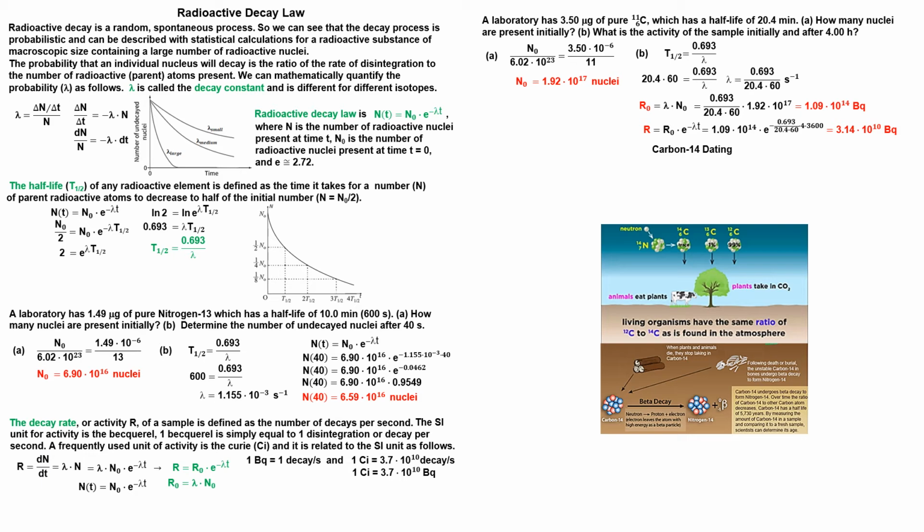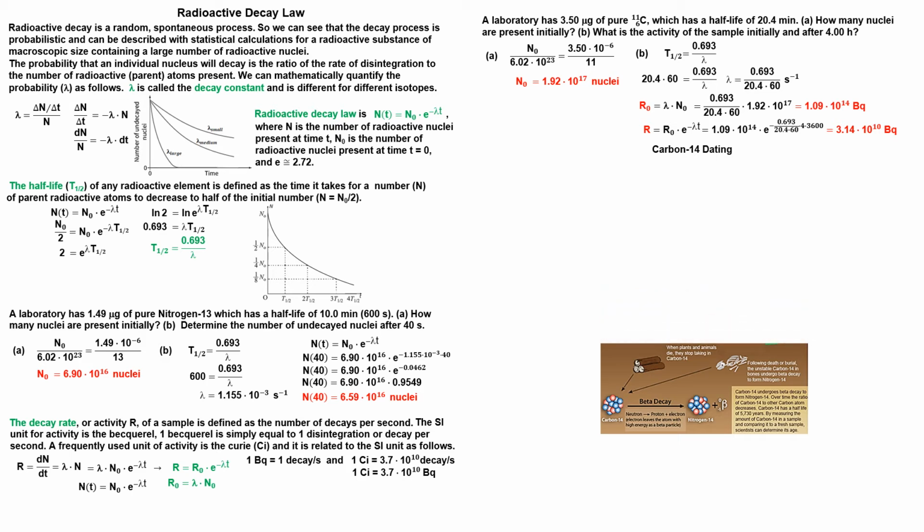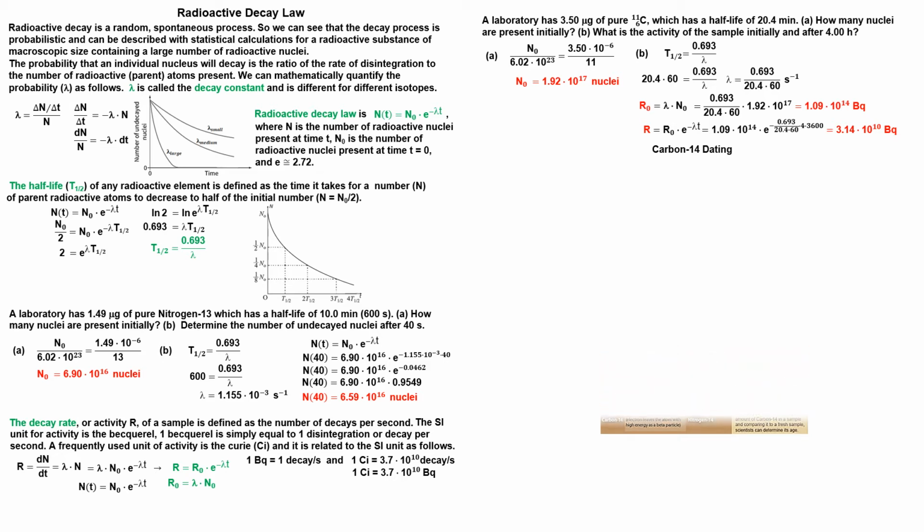By measuring the amount of carbon-14 in a sample and comparing it to a fresh sample, scientists can determine its age. The fewer carbon-14 atoms in a sample, the older that sample is. Let us now solve 2 examples to illustrate the dating of biological tissues using carbon-14.